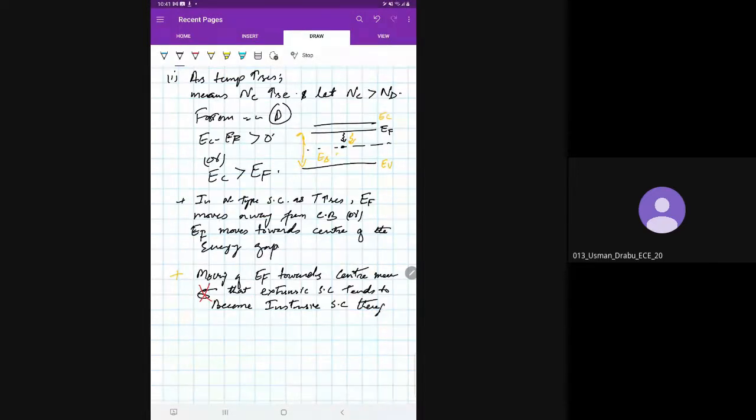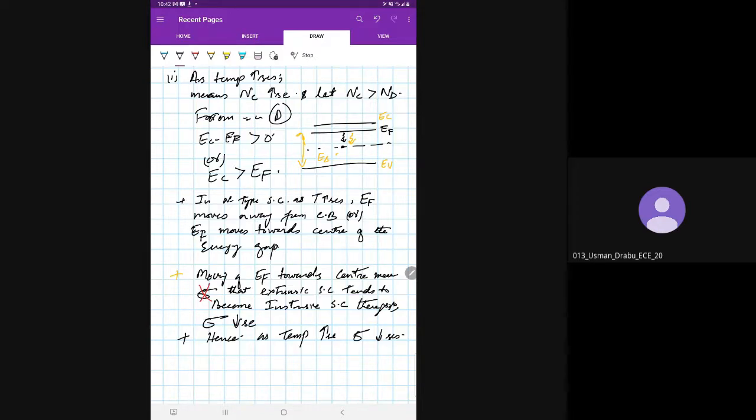Therefore, sigma will decrease, conductivity will decrease, and moving of Fermi energy level away from center would mean sigma increases. So we can say then, hence in n-type semiconductor, as temperature increases, sigma decreases, conductivity decreases with temperature. That is the first case.